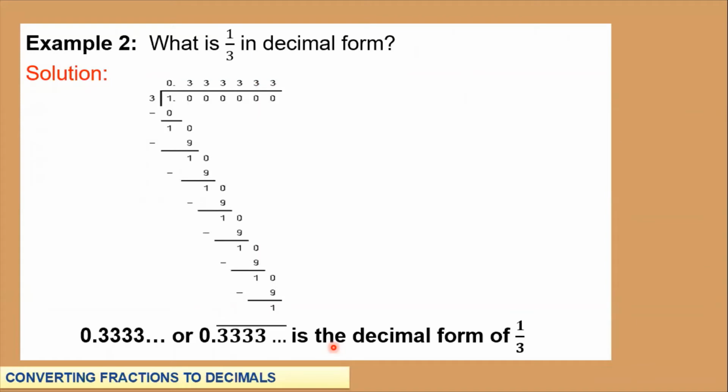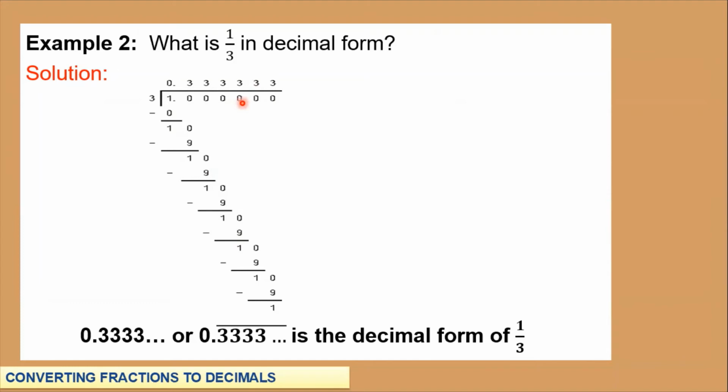Another example: what is 1 over 3 in decimal form? Again, numerator 1 divided by the denominator, which is 3. Notice that the remainder of 1 keeps on appearing as we go on with the computation. We can stop maybe on the fourth digit, since we can observe that the numbers just keep on repeating.